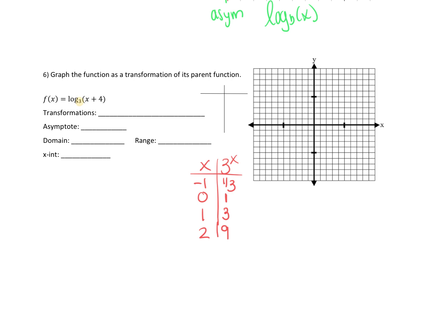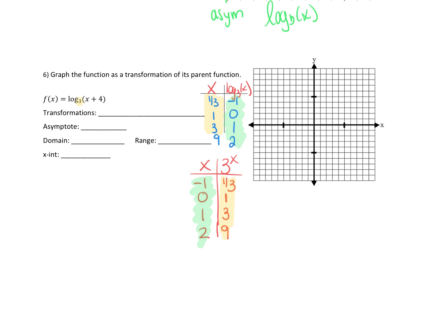Now, when I'm graphing a log function, it's the inverse of the exponential. So I'm going to take all of these outputs, and those are going to become my inputs. So I'm going to have 1/3, 1, 3, 9. And then all my inputs on an exponential are my outputs on a log. So -1, 0, 1, 2.